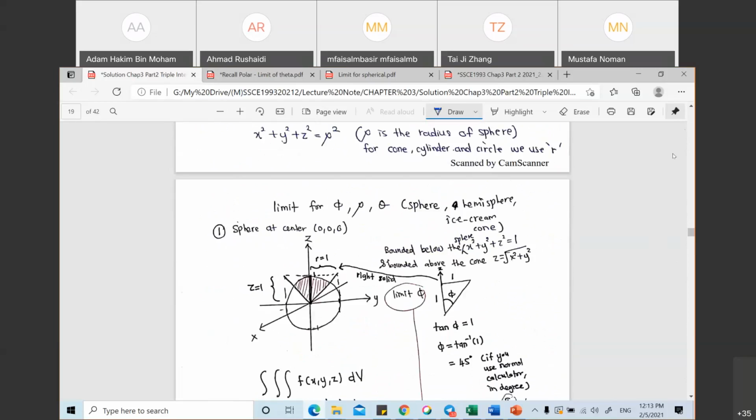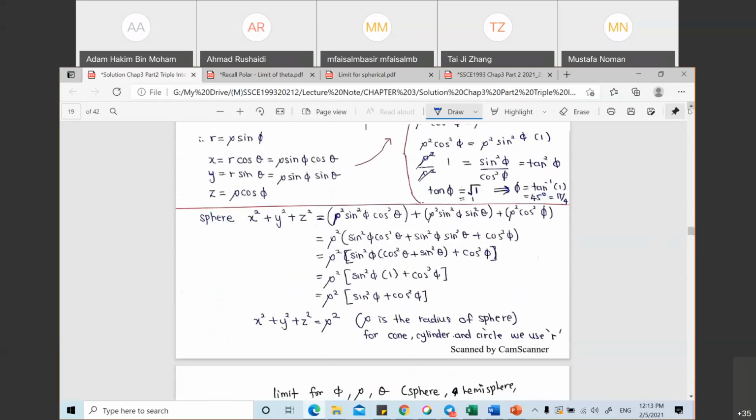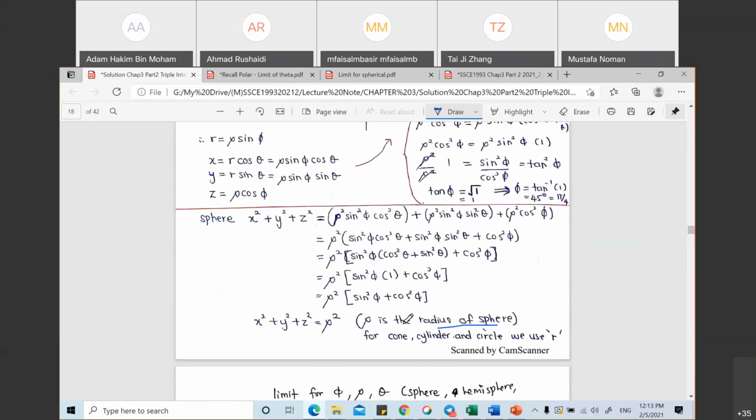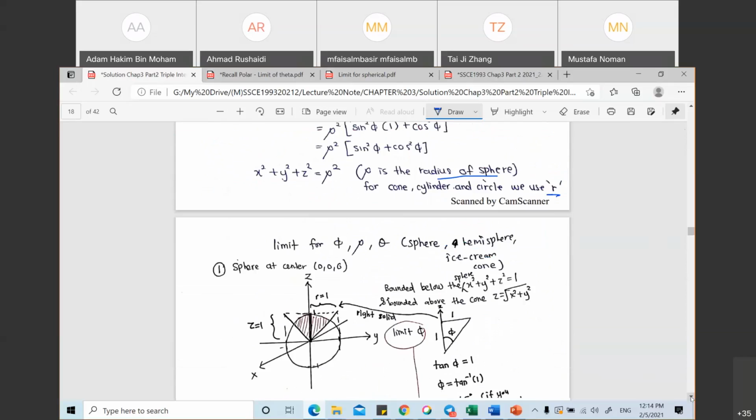Then the next thing you have to know is that x squared plus y squared plus z squared will be rho squared, which is the radius of the sphere. For cone and cylinder, we use r, radius. You remember, for sphere, we use rho, which is the radius that must touch the sphere.